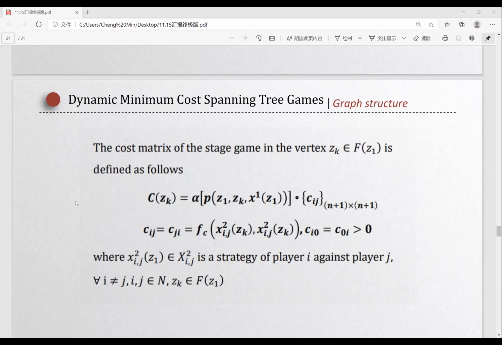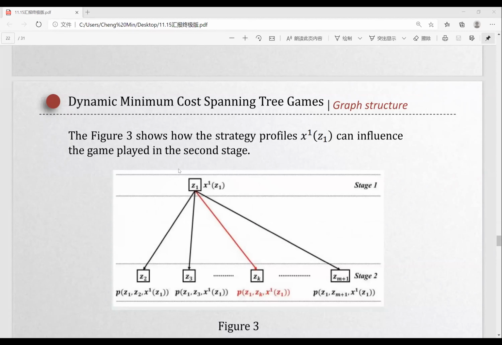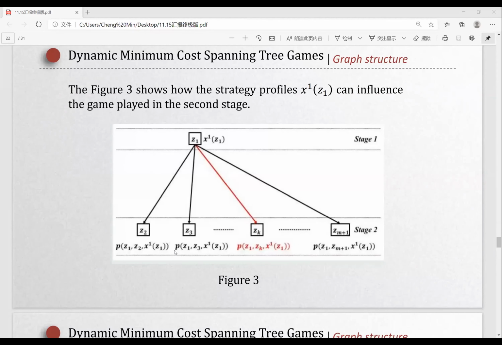Let's look at figure 3. From the first stage to the second stage, if all players select strategy X01 in the first stage, there would be different transition probabilities in the second stage.